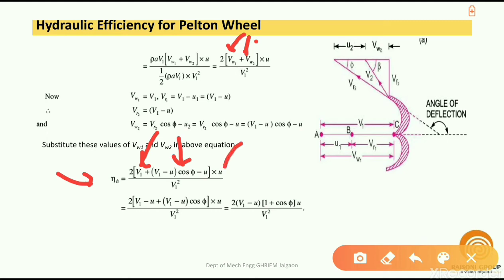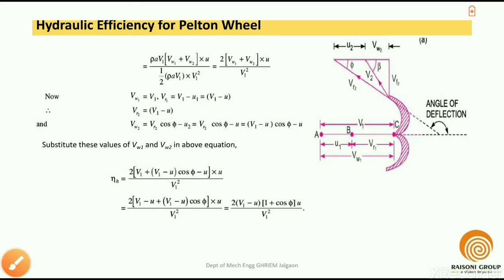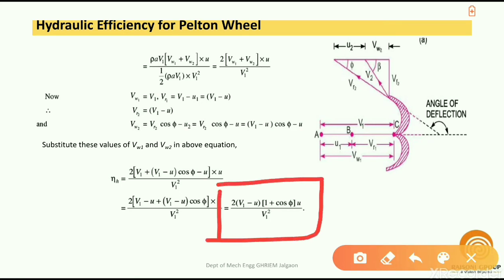Outside the bracket multiplied by u divided by V1 square. After simplifying this, we will get the equation for the hydraulic efficiency like this: 2 into the bracket (V1 minus u) into another bracket (1 plus cos phi) multiplied by small u divided by V1 square. So this is the expression for the hydraulic efficiency for a Pelton wheel.